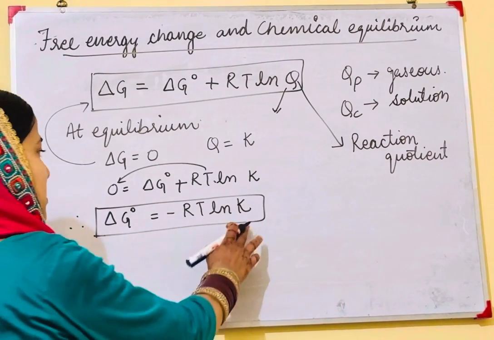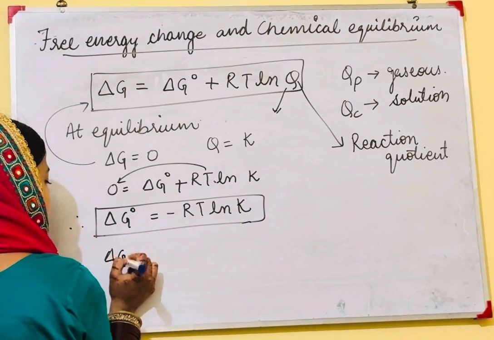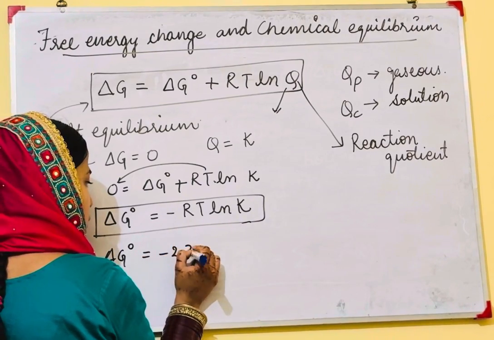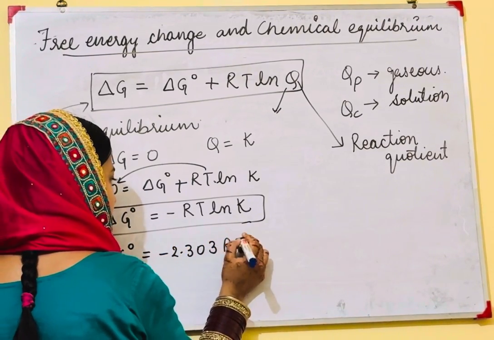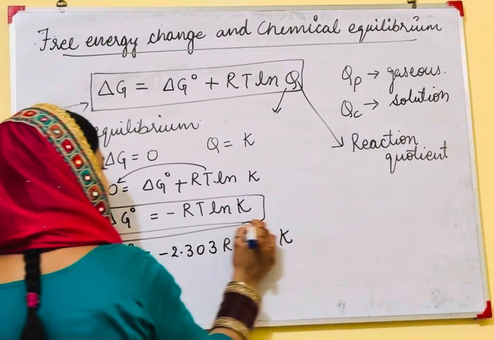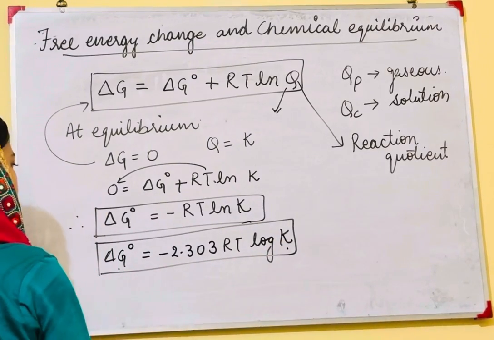K represents the equilibrium constant. We can also write it in another log, instead of natural log: 2.303 RT log K. These two are the relationships between standard free energy and equilibrium constant.